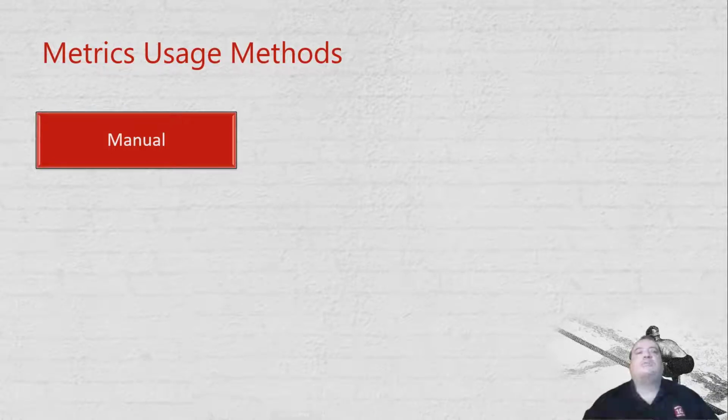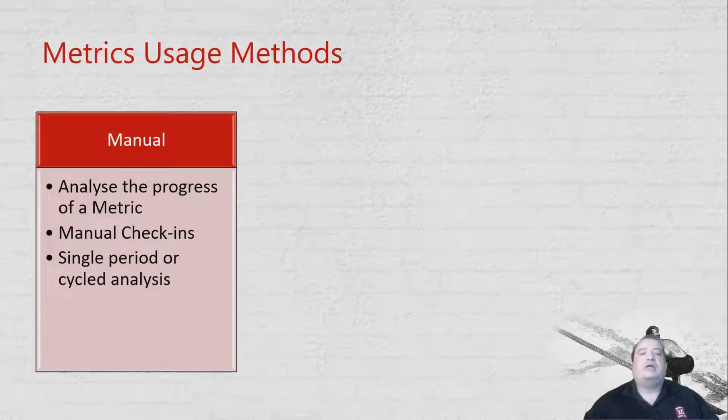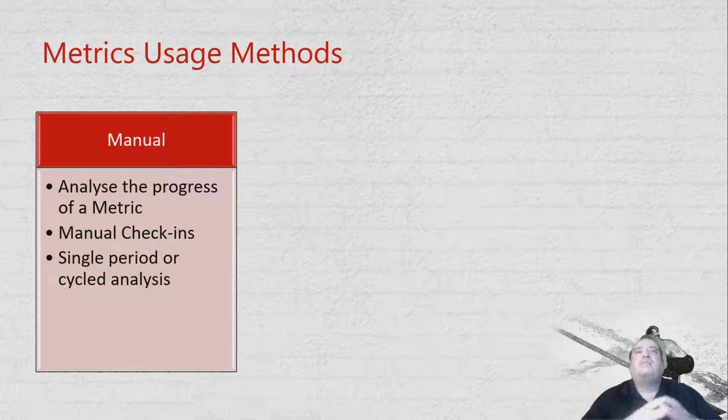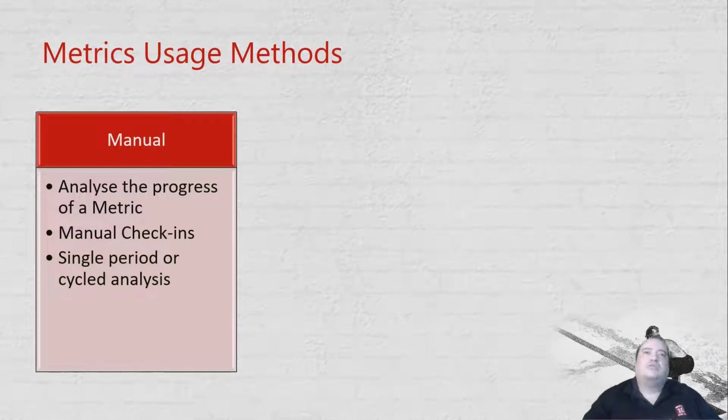Then we can use Power BI metrics in a manual way. This means that the metric will not be bounded. We will define the target value, and then we will create manual check-ins to input the current value of the metric.